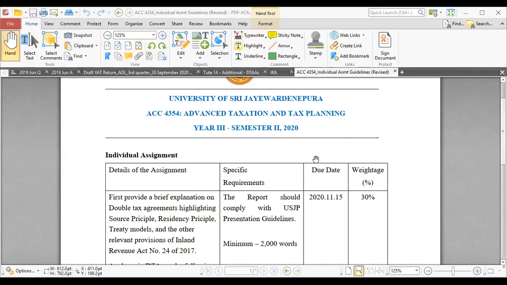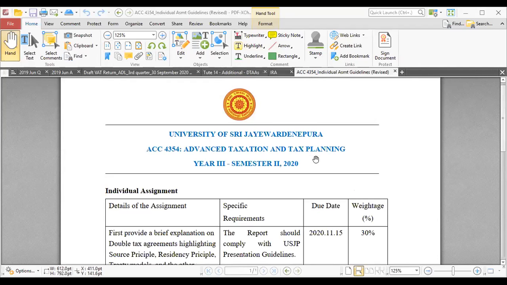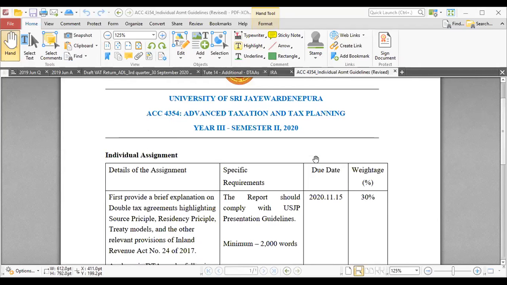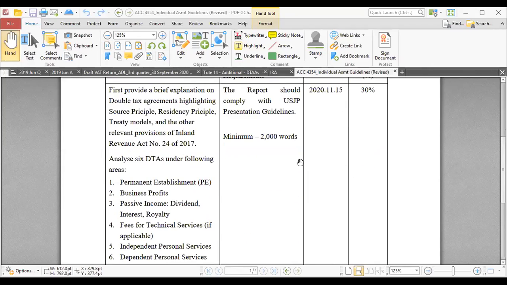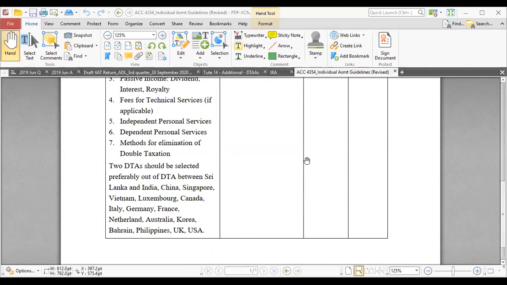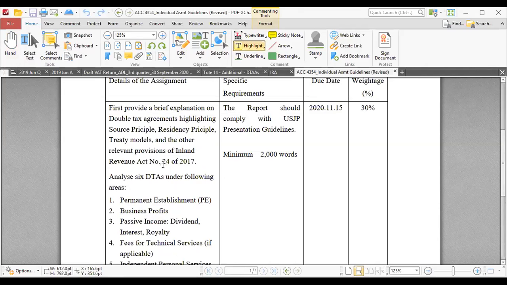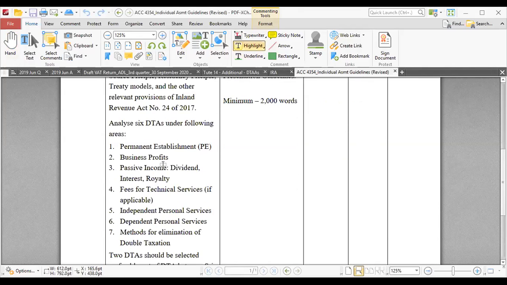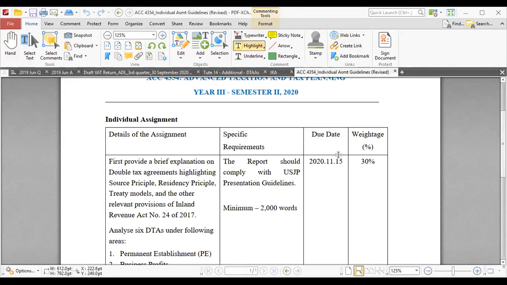We made a few changes to the assignment, not big major changes, only small changes as per the request made by the students.